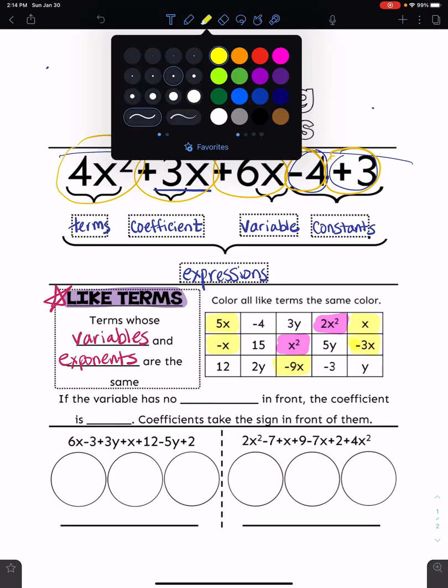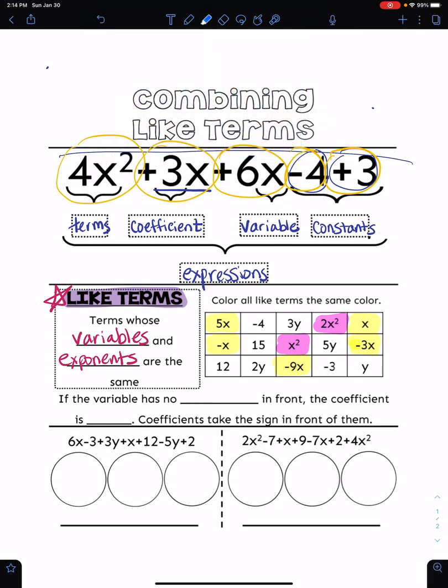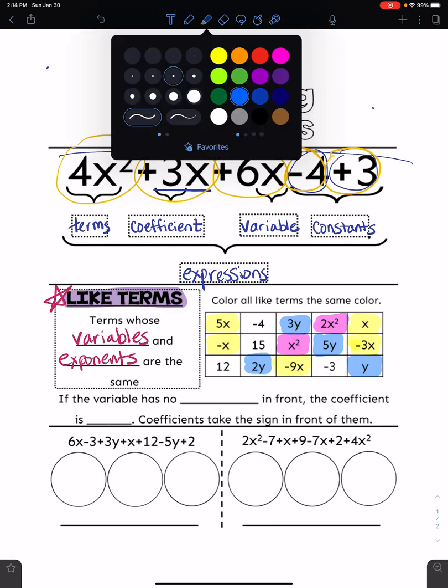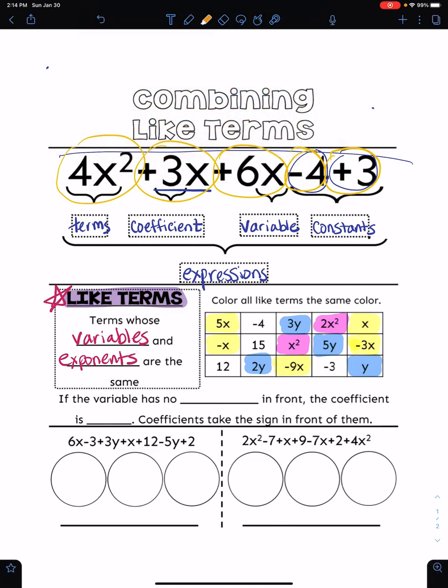Now let's highlight everything that has a y. Just a y. And you'll notice everything that's left doesn't have a variable. Remember, those are called constants. Constants are like terms, so they have to have the same variable and exponent on that variable or have no variable. So those are my like terms.